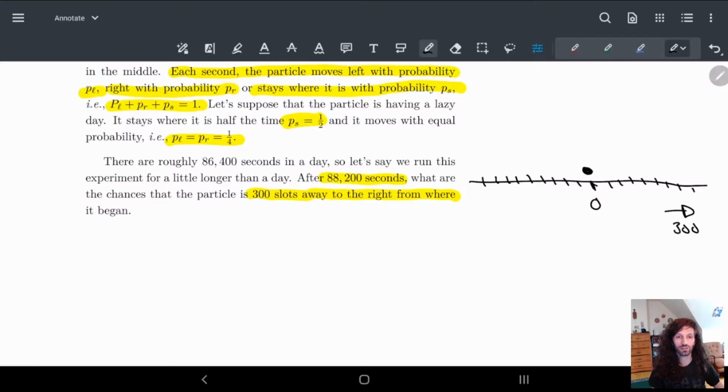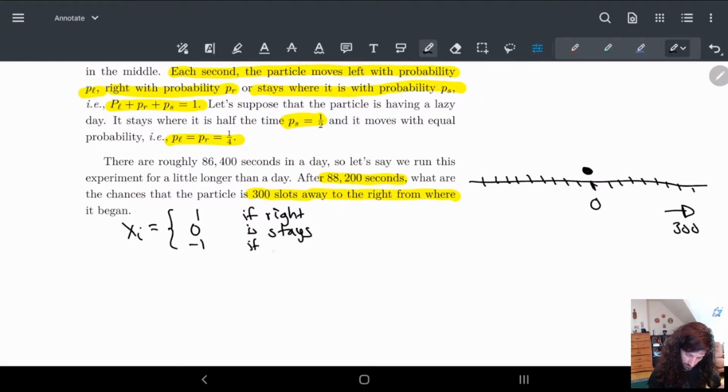So let's figure this out a little bit at a time. What I can do is let X_i, so every trial, every second, be the ith thing. And we'll let this be equal to plus 1 if it moves right, 0 if it stays where it is, and -1 if left.